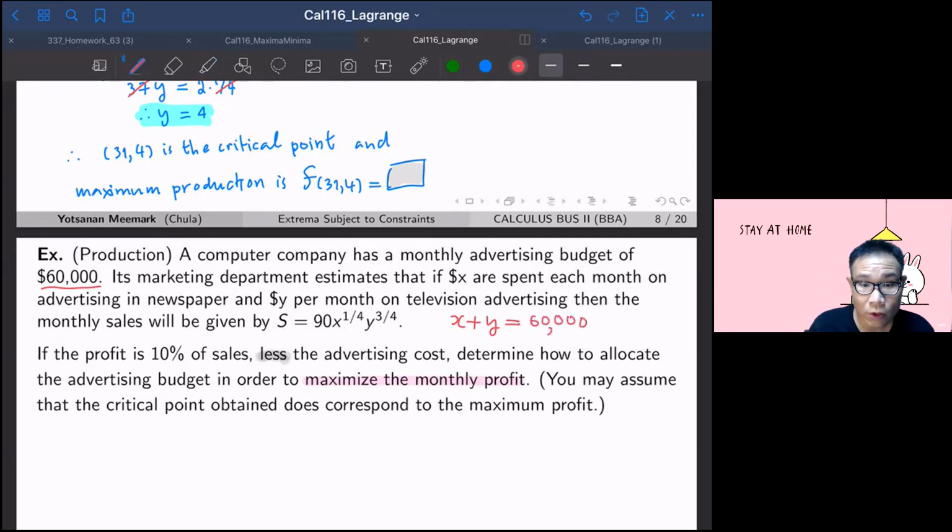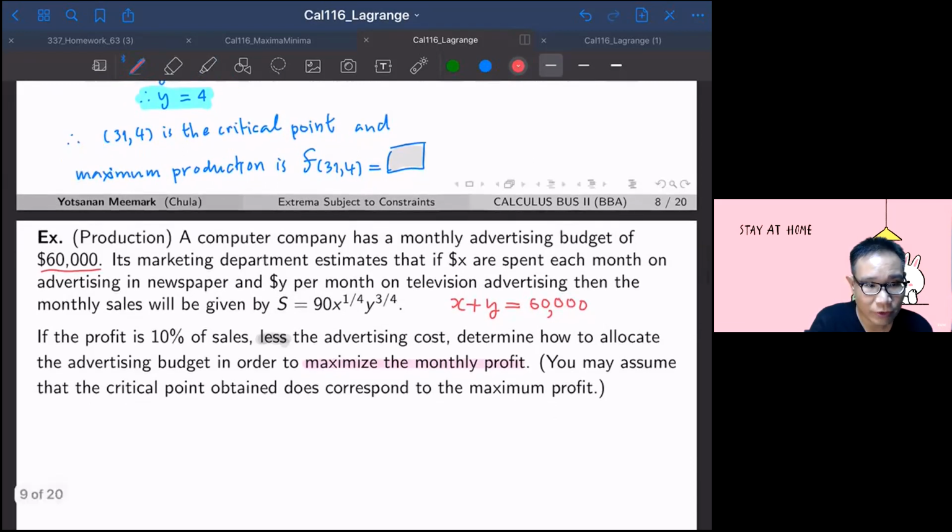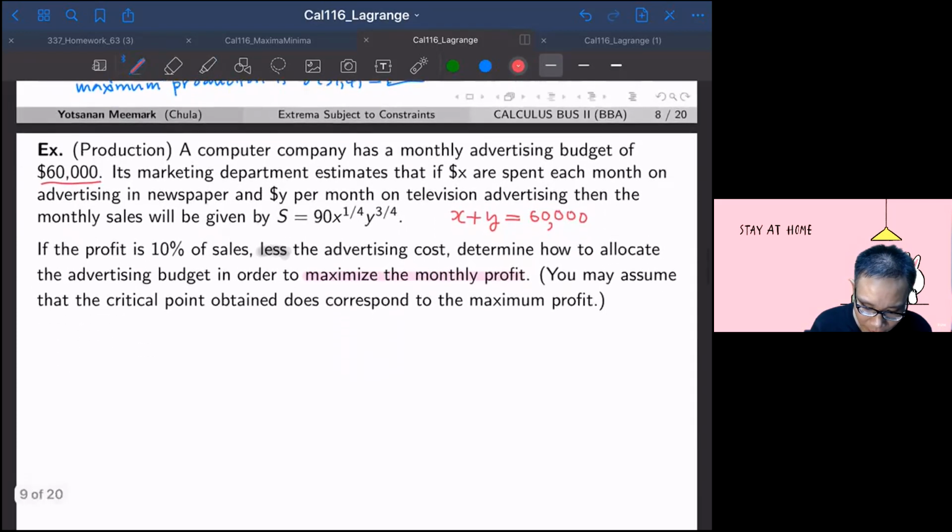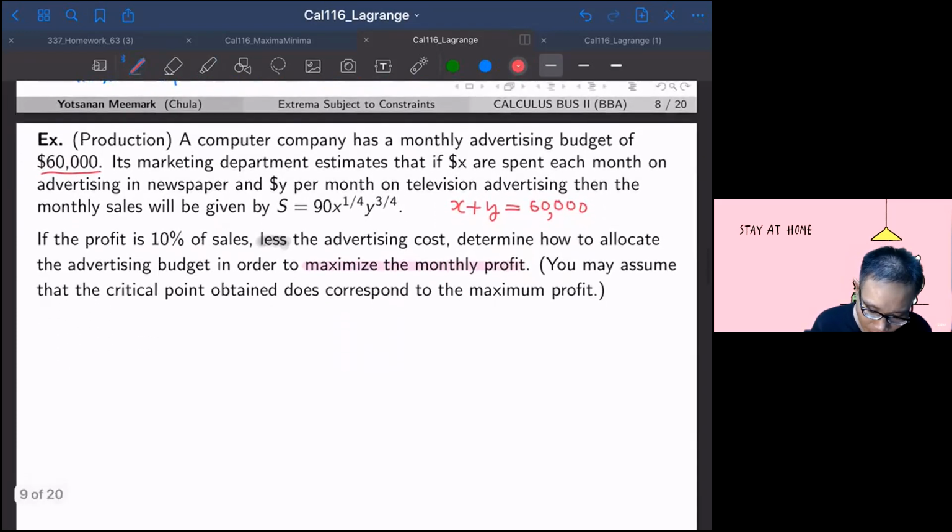You're gonna use all of the advertising budget that you have, and you're gonna get the maximum sale and compute the profit. If the profit is 10% of sale less the advertising cost, in this case the profit is gonna be 10% of sale.